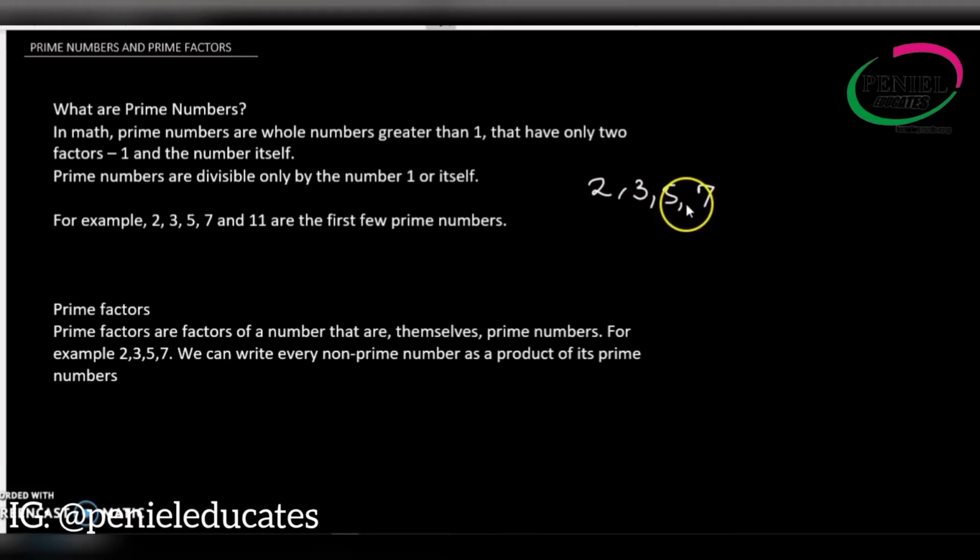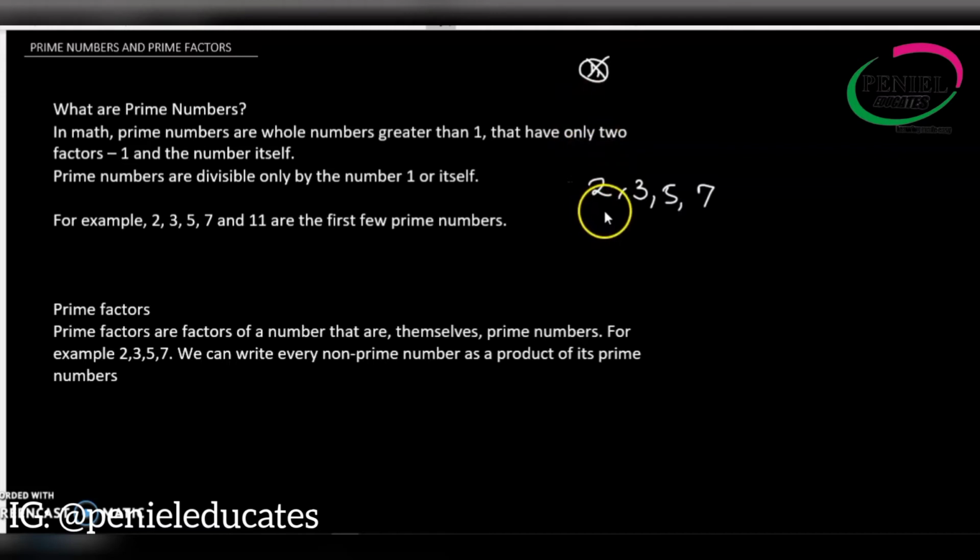Now, one thing again in this series is that prime numbers exclude 1. So 1 can never be a prime number. Prime numbers start from 2.